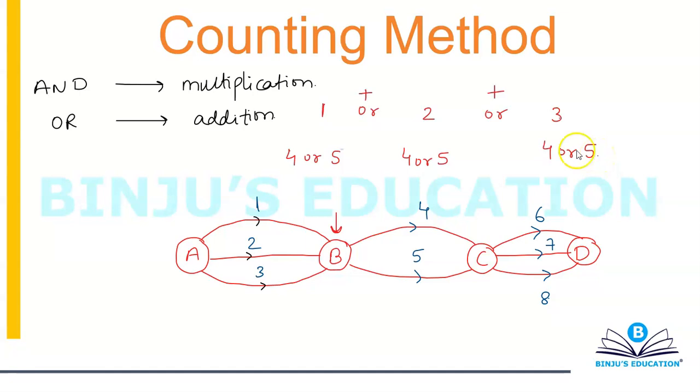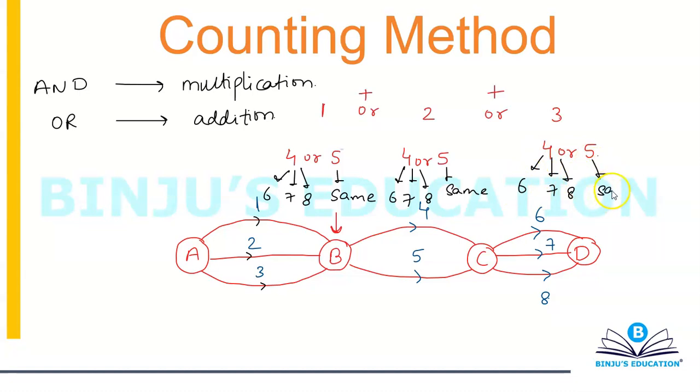Now for each of 4 or 5, I have three paths, that is 6 or 7 or 8. Same thing goes for this one also, and the same thing here, 6 or 7 or 8.